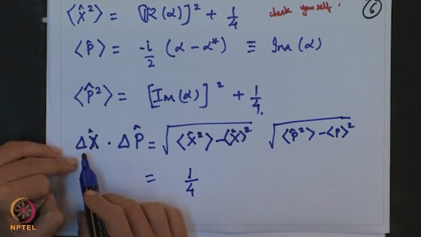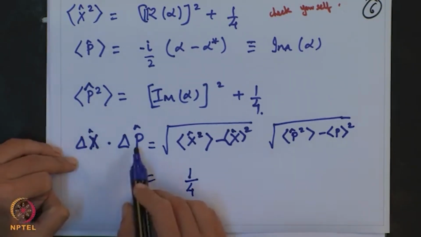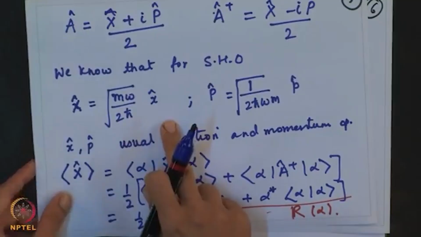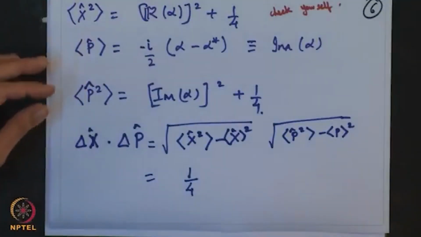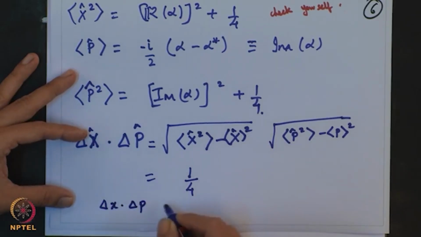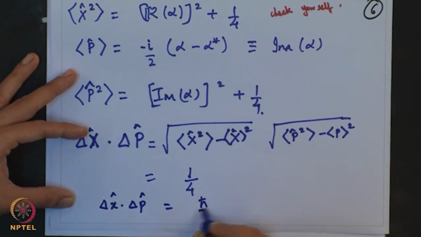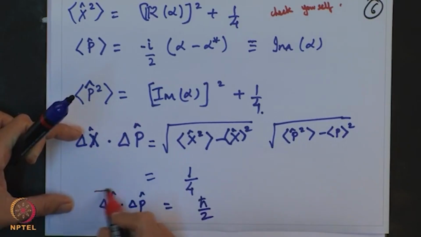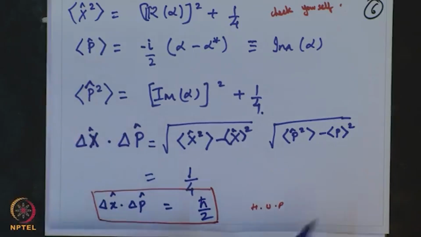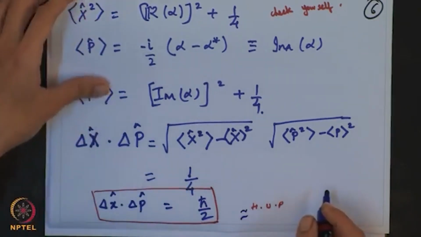Now, you will substitute for capital X and capital P in terms of small x and small p. This is what we have, right. So, when I substitute for these, I get delta x dot delta p as, in the operator notation, let me be very explicit. So, this relation is nothing but the Heisenberg uncertainty principle, delta x dot delta p should be greater than or equal to h cross by 2, okay, right.